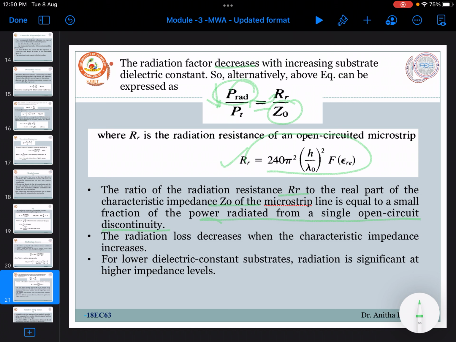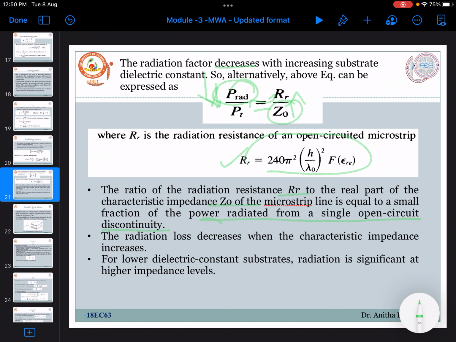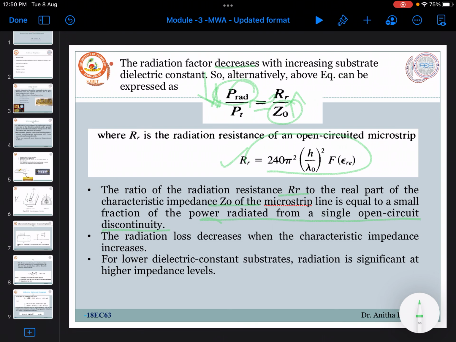The radiation loss usually decreases with increase in characteristic impedance. When Z0 increases, P radiated will decrease, and even for lower dielectric constant substrate, radiation is significant at higher impedance levels. So this is about microstrip line.